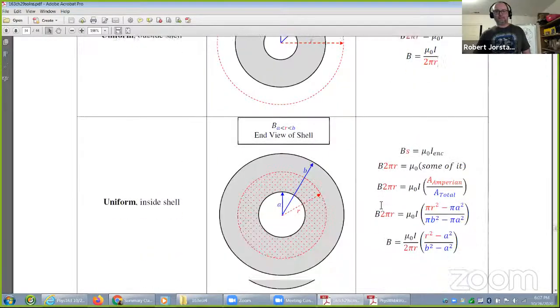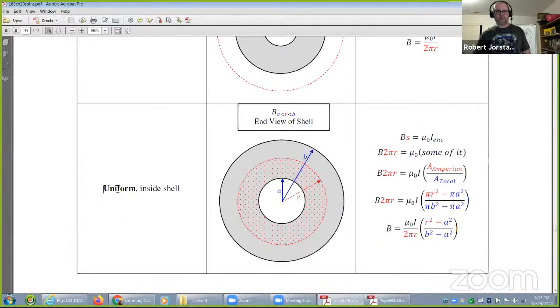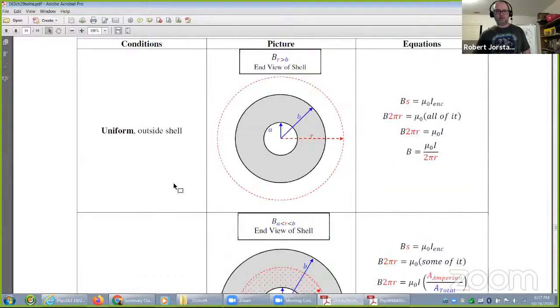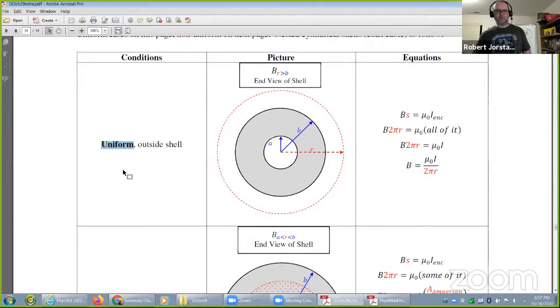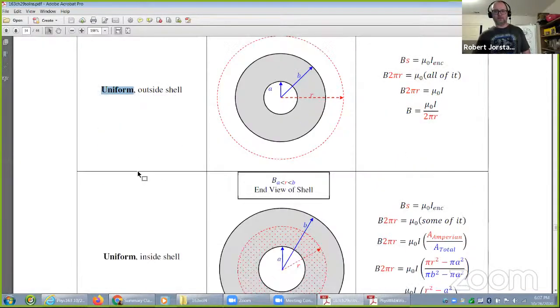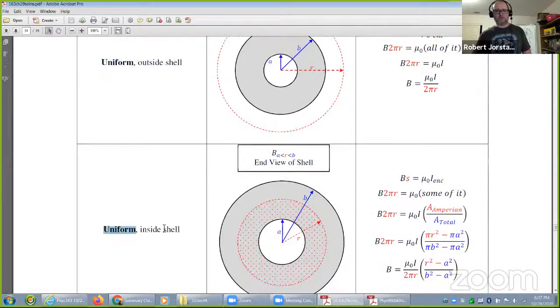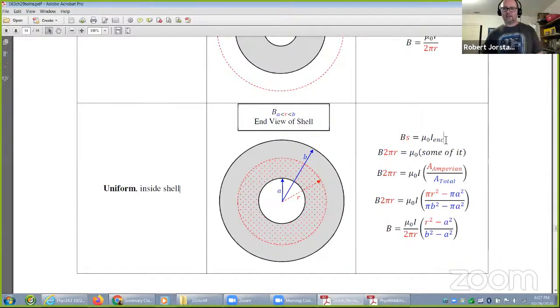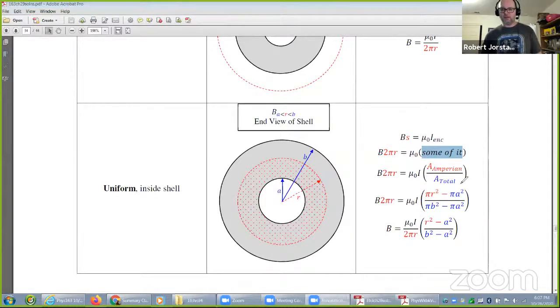What if we're inside the shell? Now I want to be clear, we're talking uniform. Uniform inside a shell. Well, in that case, BS is mu naught times the enclosed current. S is still 2 pi r, the distance around the loop. Now we'll just have some of the current, because it's an Amperian loop, so it's the ratio of the Amperian area to the total area.